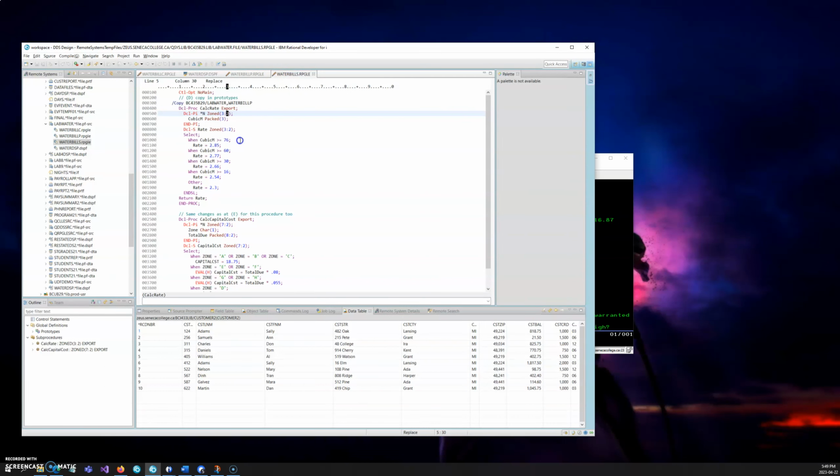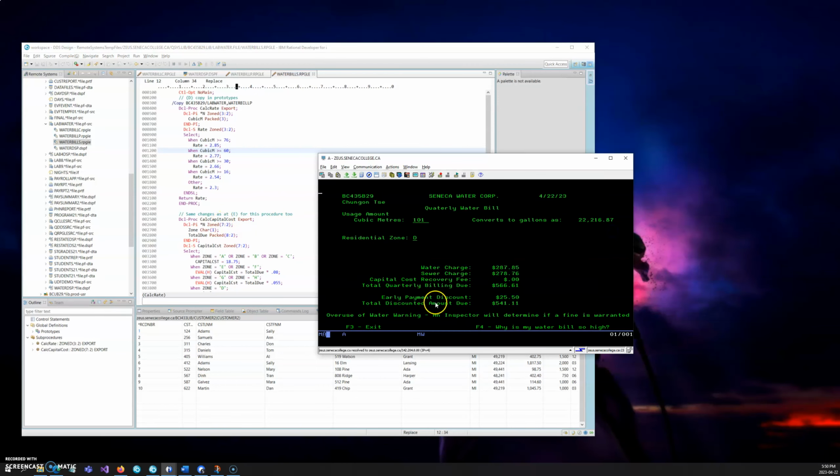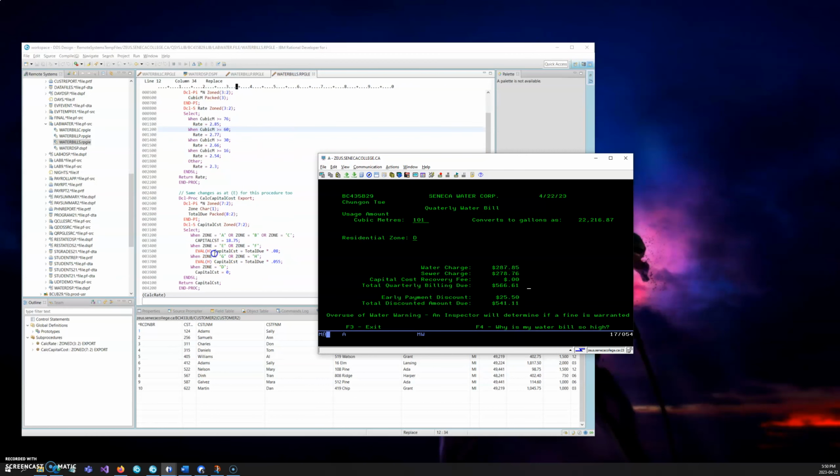Onto the user-defined functions, we can see that it's formulated like this. When the cubic meter is like this, then we have the rates like this. So this is a lot of math going on, huh? Calculate capital cost. We have calculate capital cost here. So it depends on where you are.